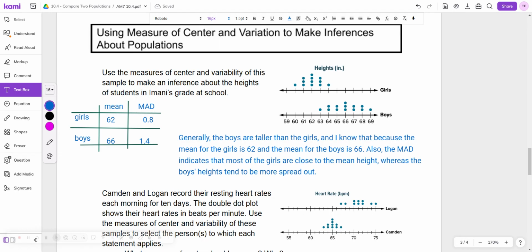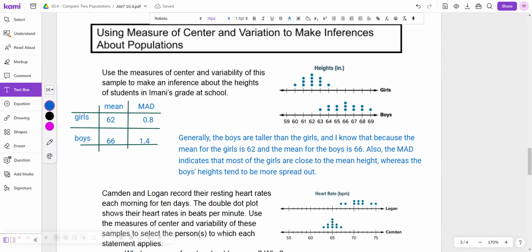Well, this is a dot plot, which means I could use either the mean absolute deviation, or I could use the median and the IQR to describe the data. Because this is a dot plot, and because both of them are symmetrical, I can use either one, so I'm going to use the mean and the MAD.